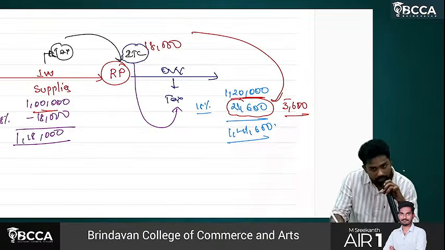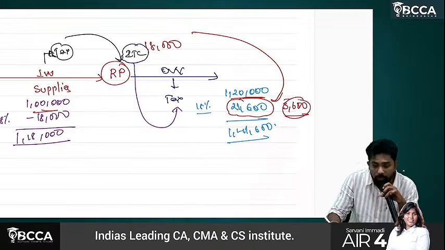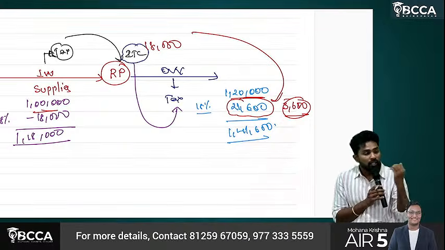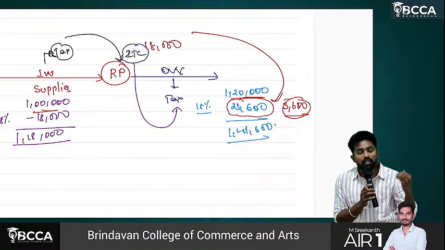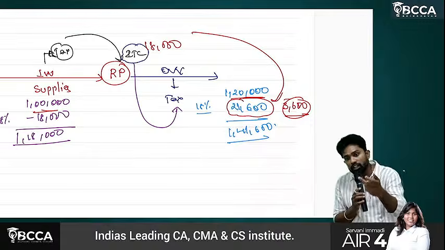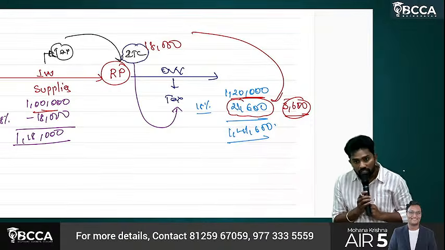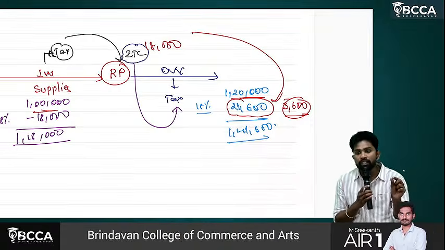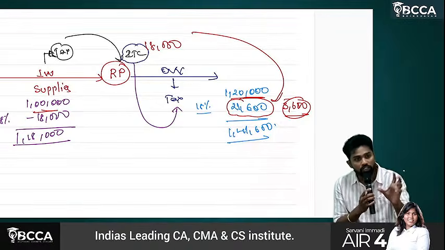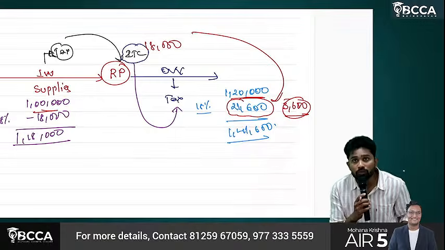Effectively, from here to here, what is the addition made? 20,000. On the 20,000, if you levy tax, it will come to 3,600. So what is ITC doing? By allowing the tax paid on inwards to be set off with the tax payable on outwards, effectively you are paying tax only on the value addition. So with this, what happens?